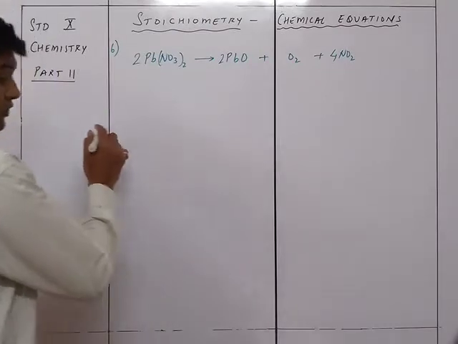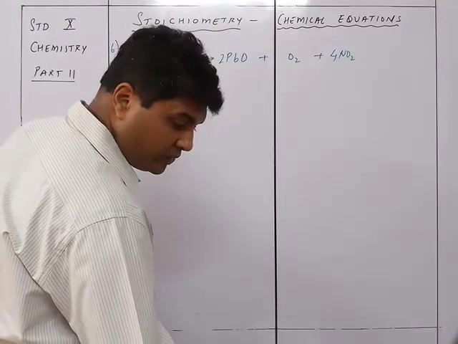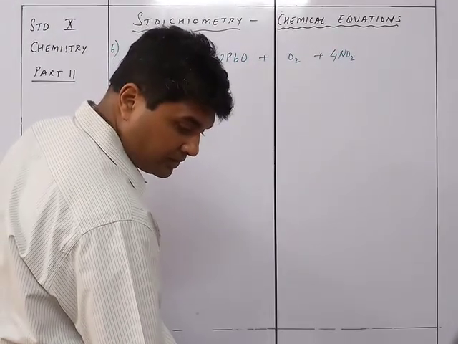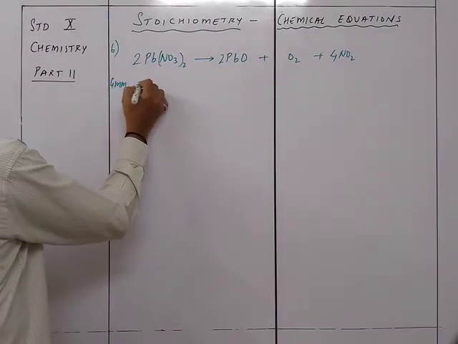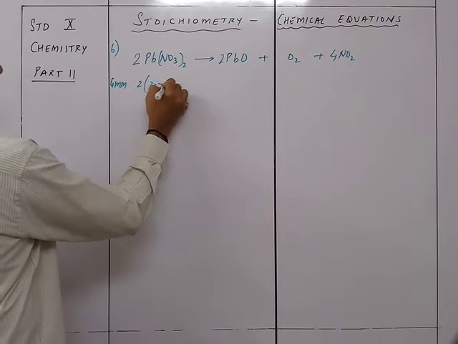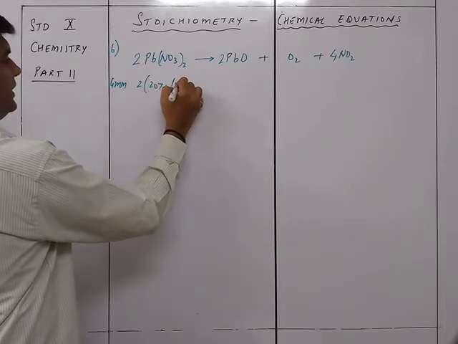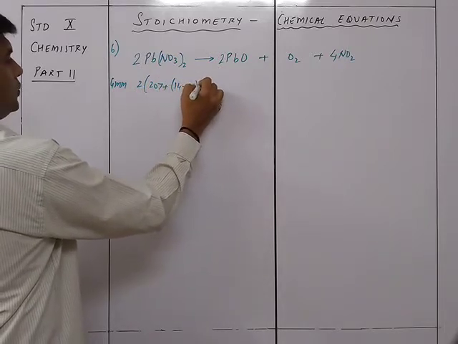First of all, Pb is given to you as 207. So the GMM is 2 into 207 plus 14 plus 48, into 2.